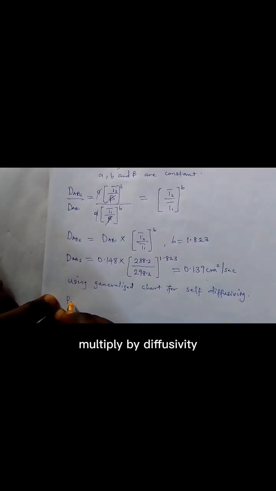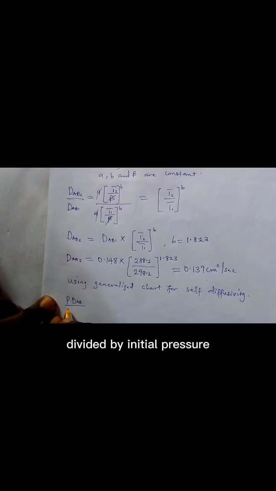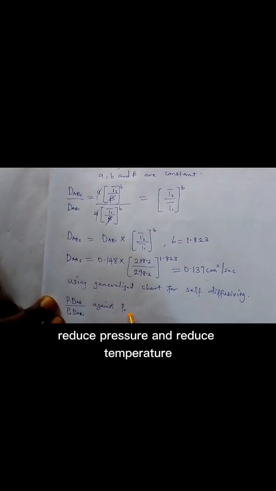So this chart plots pressure multiplied by diffusivity, divided by initial pressure multiplied by initial diffusivity, against reduced pressure and reduced temperature.